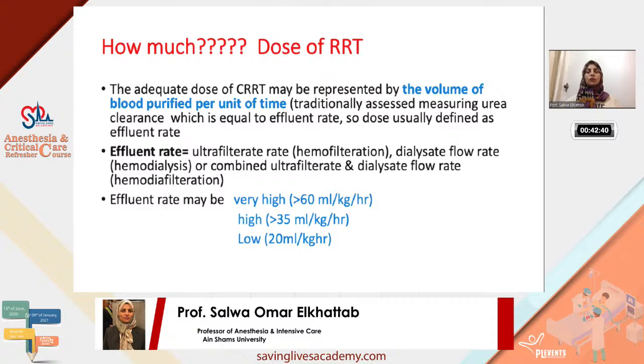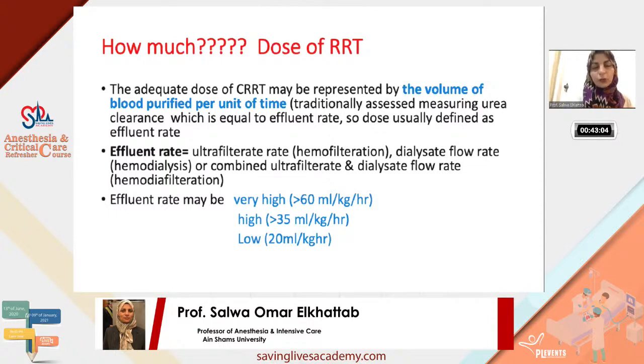What is the dose of renal replacement therapy? How much do we have to dialyze our patient? The adequate dose can be presented by the volume of blood purified per unit of time. Traditionally, you use the purification of urea, and the effluent rate is the surrogate for this.